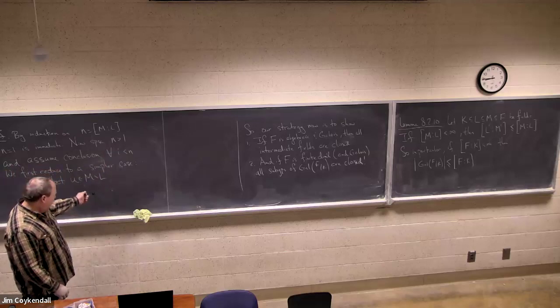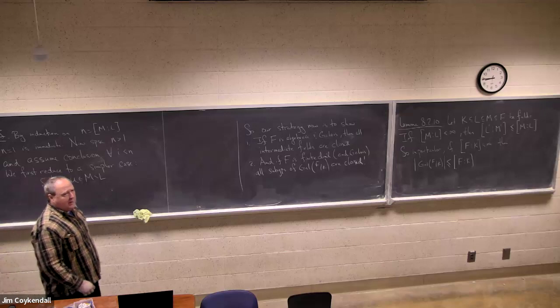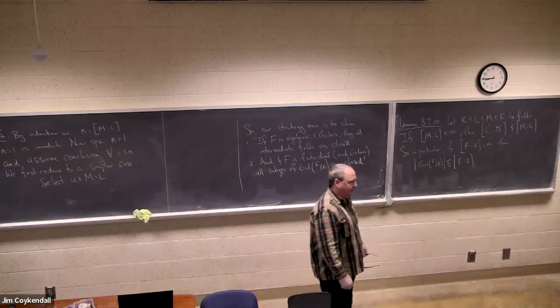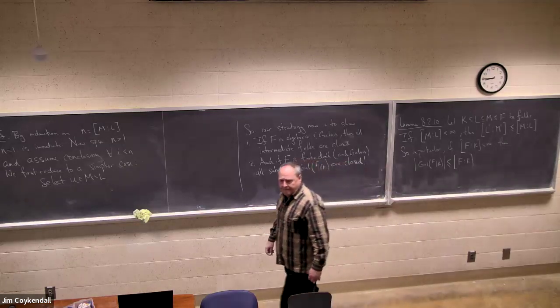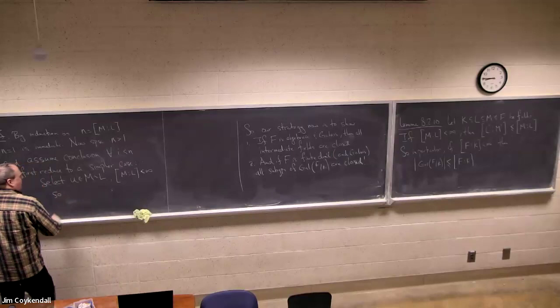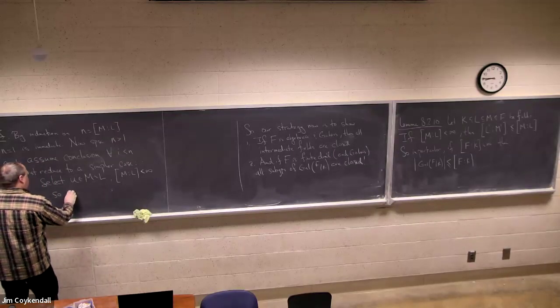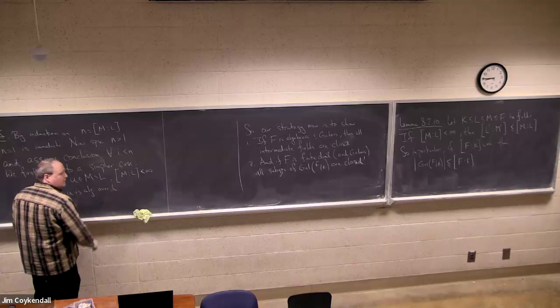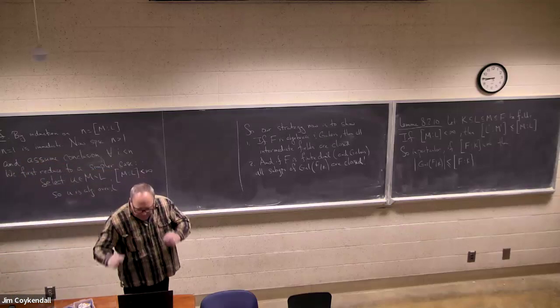And u is algebraic over L. And how do I know that? Because the extension is finite. Right, so u is algebraic, because that's a finite extension.